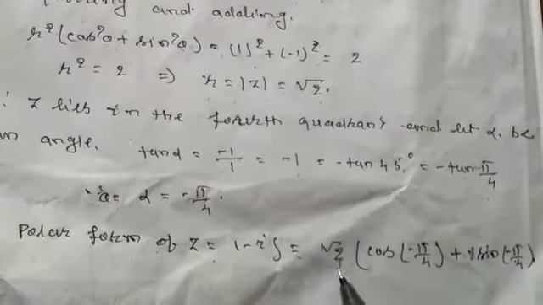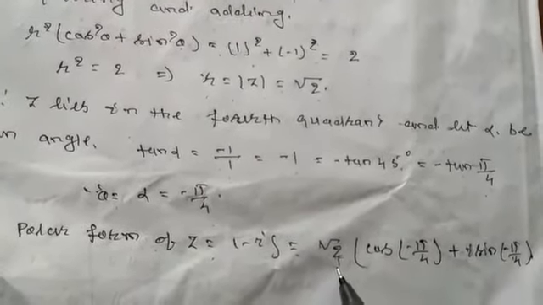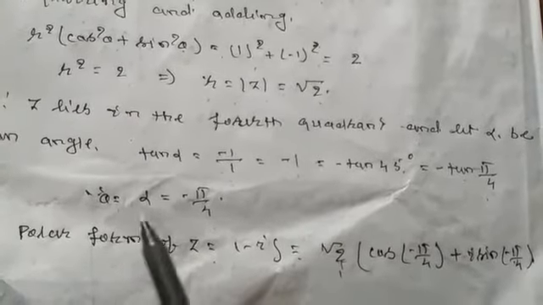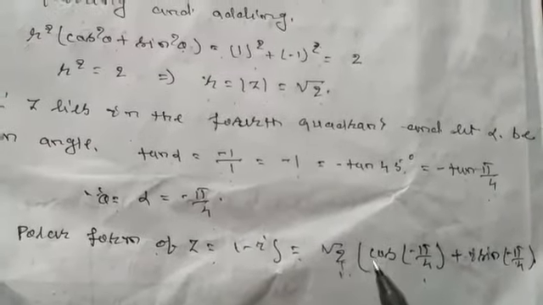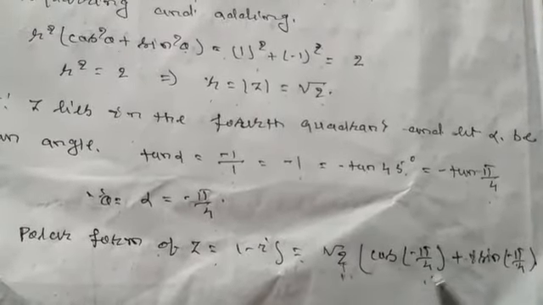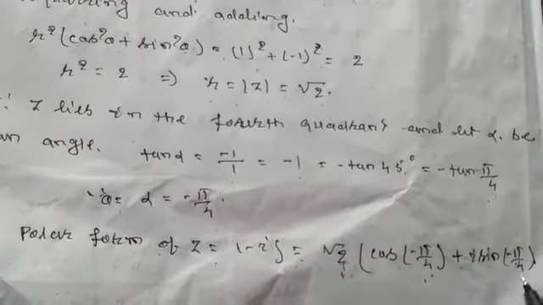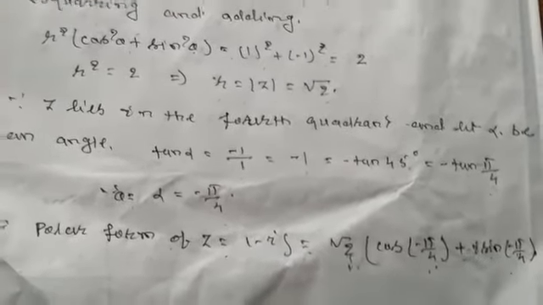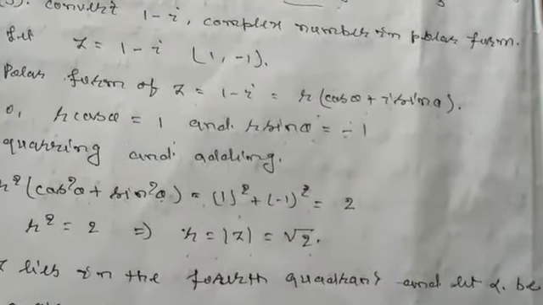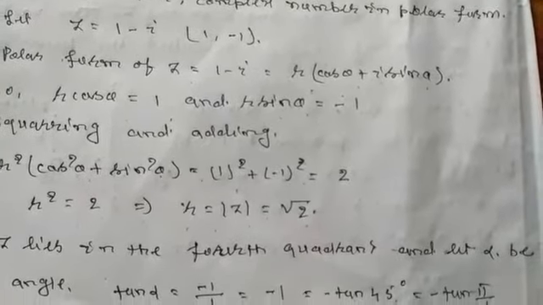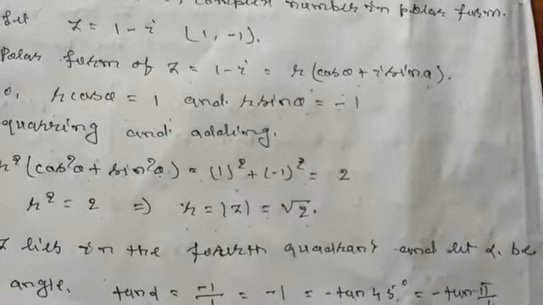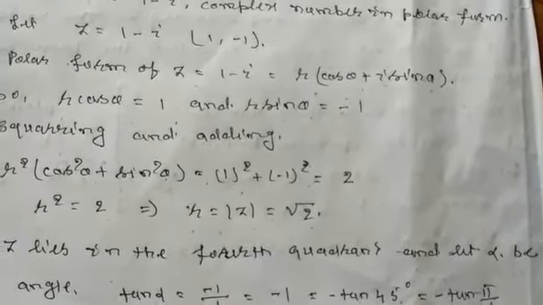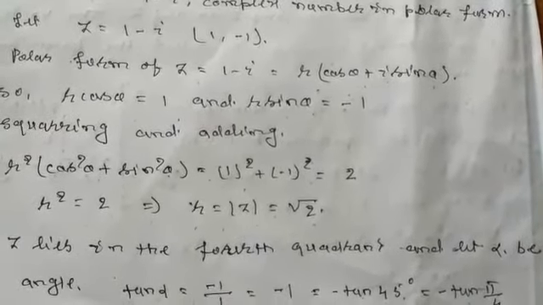So r equals under root 2, that is the modulus, and we got the amplitude theta equals minus pi by 4. So we have under root 2 into cos of minus pi by 4 plus i sin of minus pi by 4, and this is the polar form of the given complex number. So in this way, today we have learned to find argument, modulus, and write a complex number in the polar form.